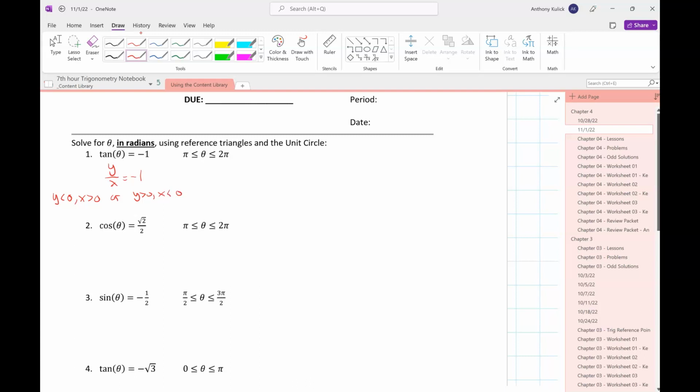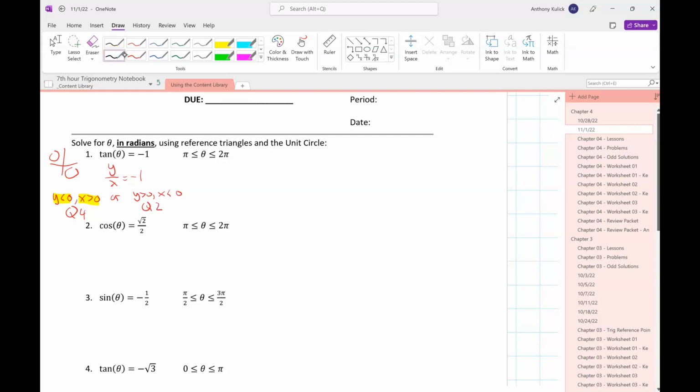Everybody agree with that? The place where y is negative and x is positive is down there, so that could be quadrant 4. And the place where y is positive but x is negative would be up here in quadrant 2.